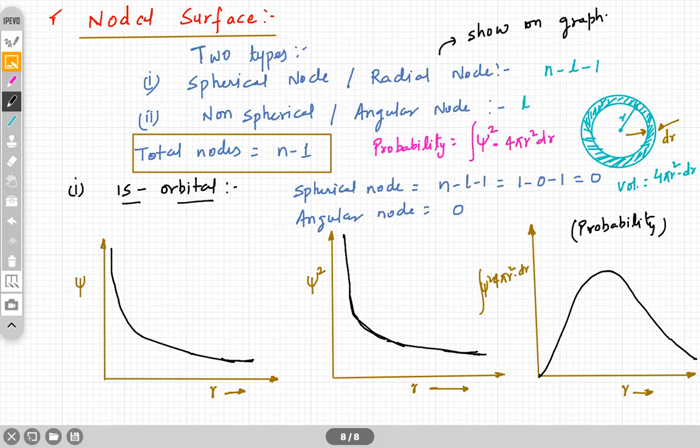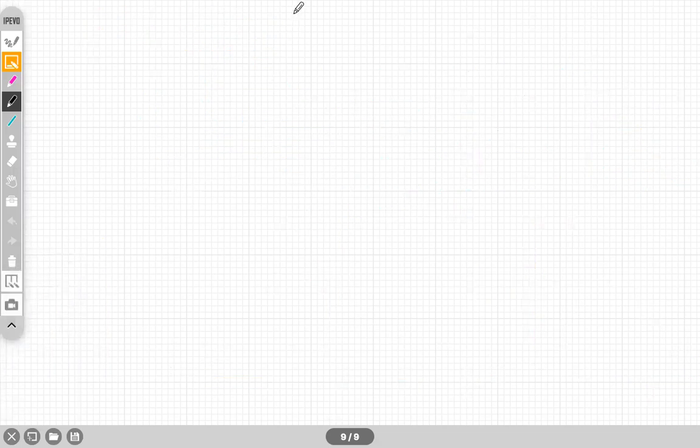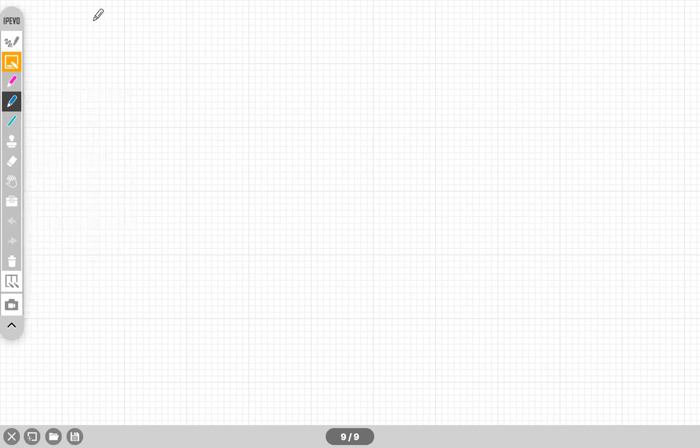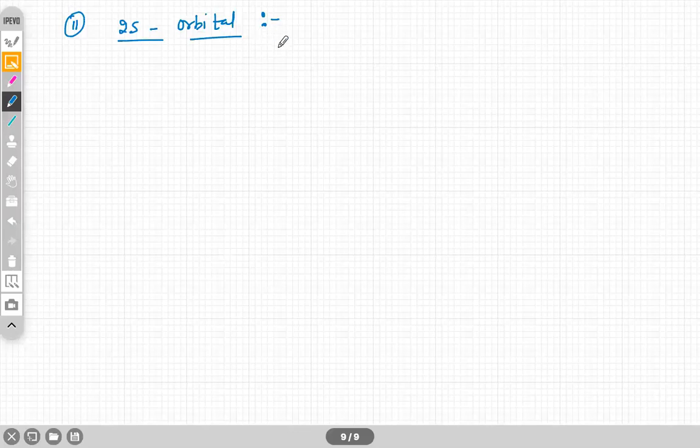Okay, the next orbital you see, suppose the second one, we are taking 2s orbital. So for 2s orbital, what we can write? The number of spherical node, could you tell me?